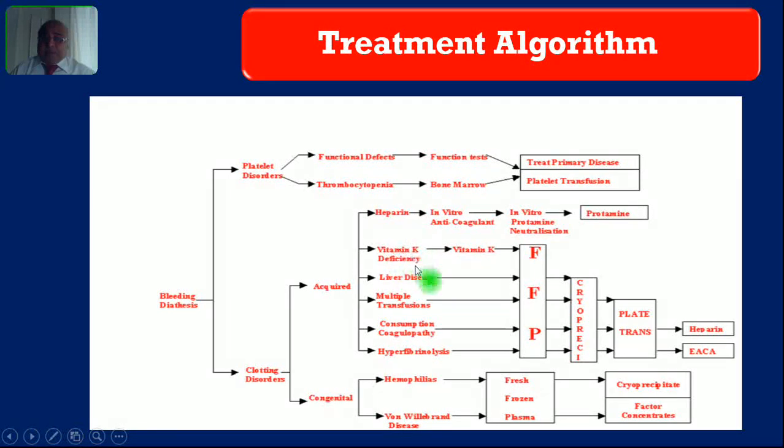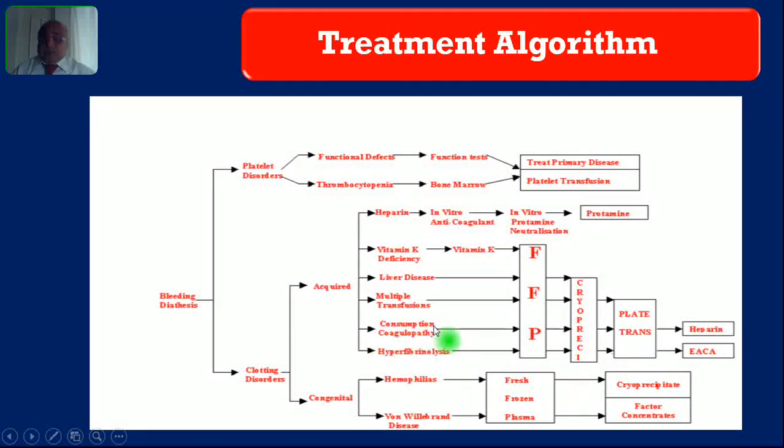If it is vitamin K deficiency, which occurs in end stage liver disease, you can give FFP. This also occurs in advanced liver disease, where you can give FFP and cryoprecipitate also. After multiple blood transfusions, bleeding can also occur. Here you can give FFP, cryoprecipitate and platelet transfusion also.